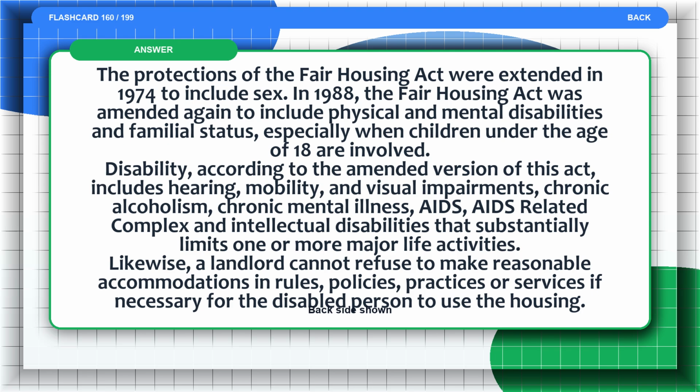Disability, according to the amended version of this act, includes hearing, mobility, and visual impairments, chronic alcoholism, chronic mental illness, AIDS-related complex and intellectual disabilities that substantially limit one or more major life activities. Likewise, a landlord cannot refuse to make reasonable accommodations in rules, policies, practices, or services if necessary for the disabled person to use the housing.